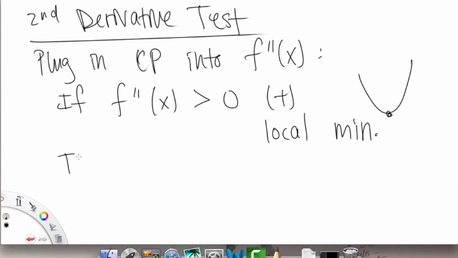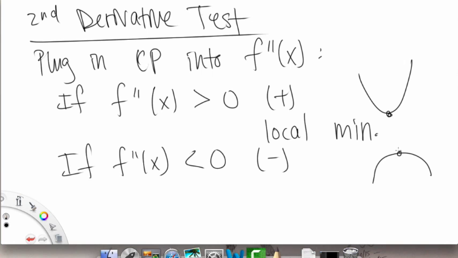If f double prime of x turns out to be less than 0, if it's negative, that means our graph is concave down at that point, at least, so we're at a local maximum.